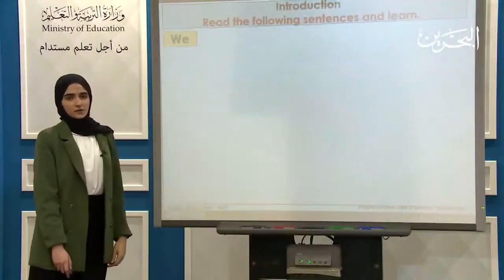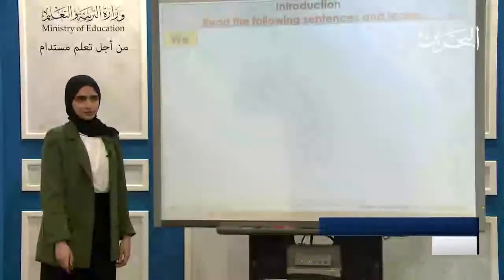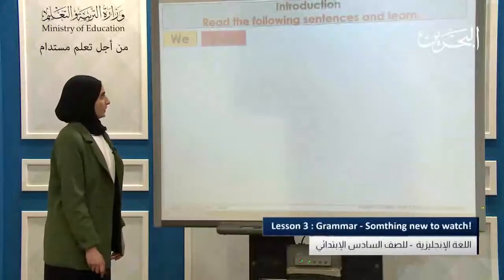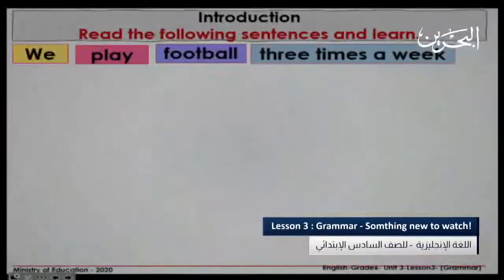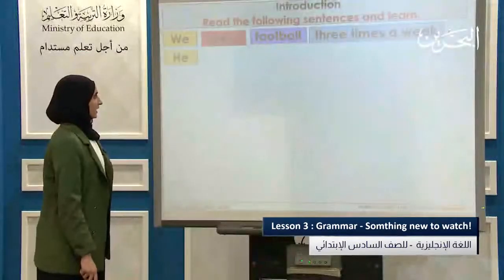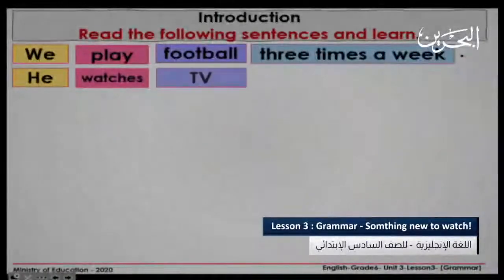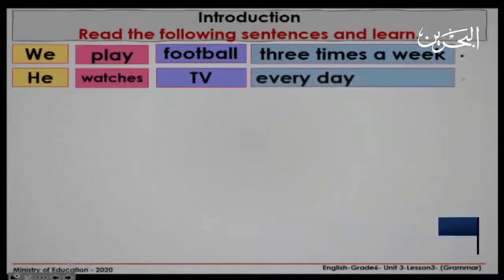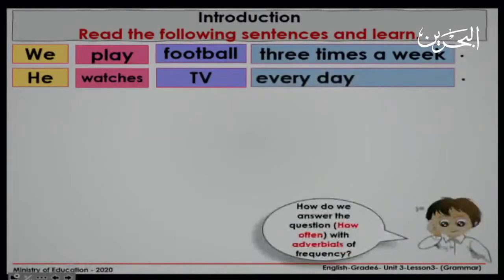Now let's read the following sentences and learn. We play football 3 times a week. And full stop. He watches TV every day. Full stop. So how do we answer the question how often with adverbials of frequency?